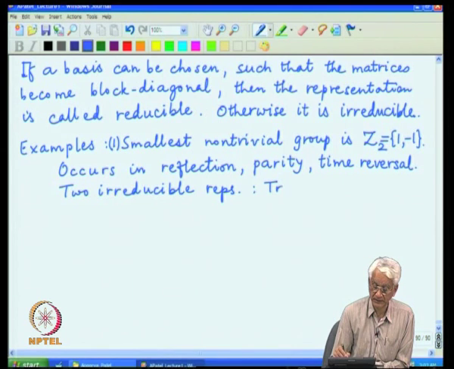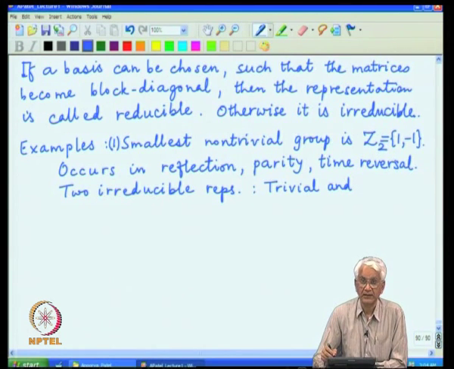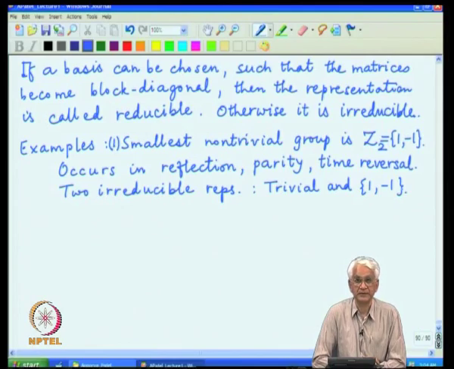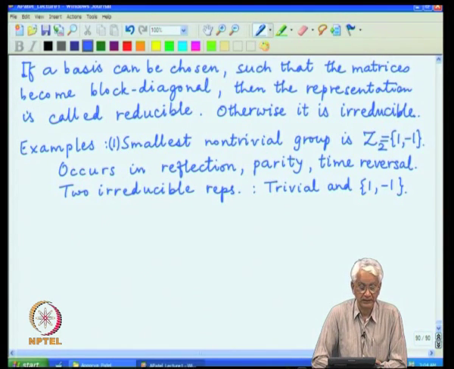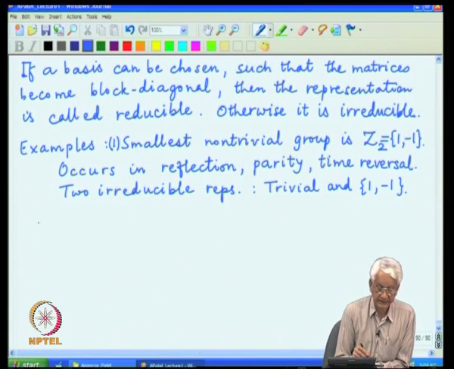One of them is a trivial representation, and the second one is the two elements which I denoted by these numbers themselves, because when you multiply them they will produce all the corresponding multiplication results. So, this is the simplest group one can talk about.